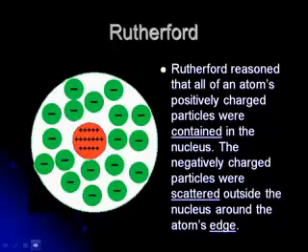He didn't postulate anything about where the electrons were and how they moved. And so what we'll see is that a good bit of our development of the model from this point really revolves around the electrons and what's going on with the electrons.